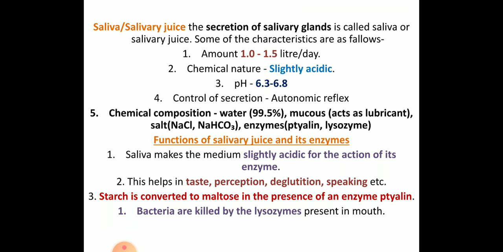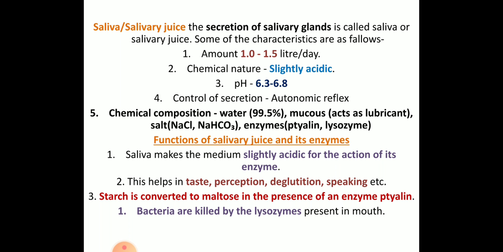Daily around 1 to 1.5 liters is secreted, and the chemical nature is slightly acidic, pH 6.3 to 6.8. The control of secretion is autonomic reflex. Autonomic means automatic. For example, if I keep a bowl of sweets in front of you, you automatically salivate. It is not controlled by us.